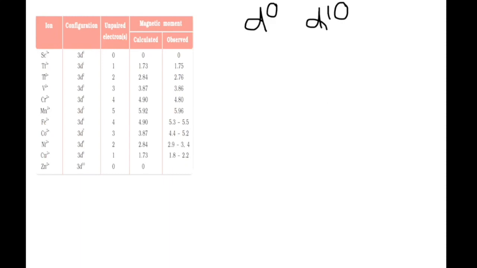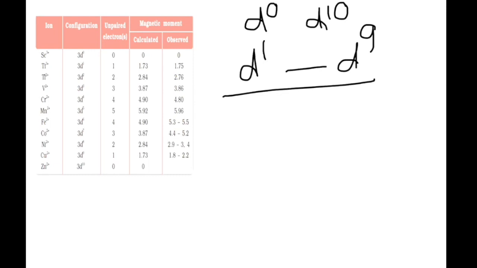Other ions having d1 to d9 configuration are usually paramagnetic in nature.